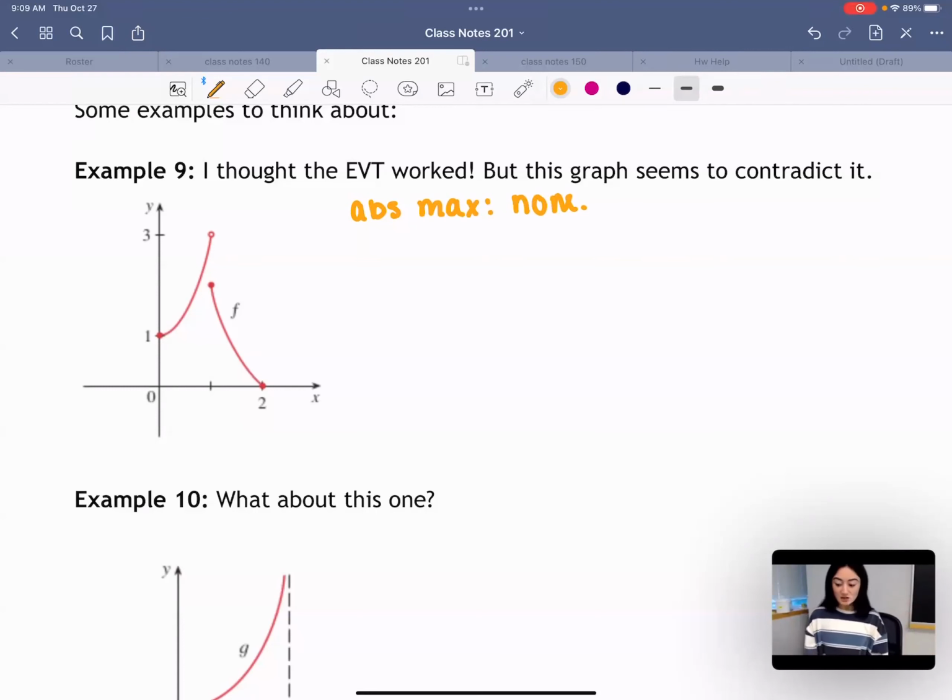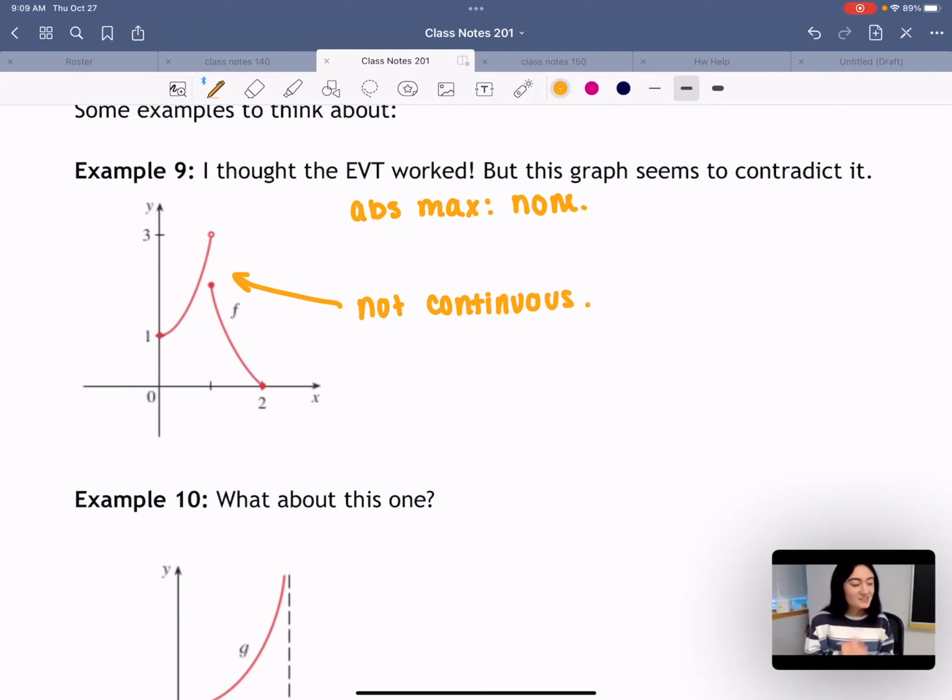The extreme value theorem only applies to things that are continuous. Is this continuous? No, this is not continuous. I'm not going to make you prove it using what we did before, but it's very obviously not continuous, because if I try to draw it, I would have to pick up my pencil and then continue drawing.